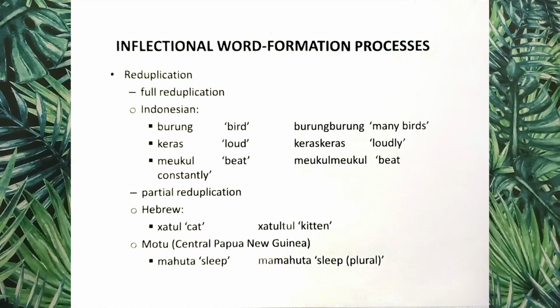So to put it simply, full reduplication basically means you double the word, and that's it. And partial reduplication simply means you double part of a word to form a new word.